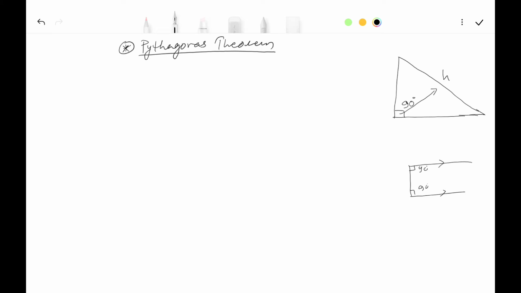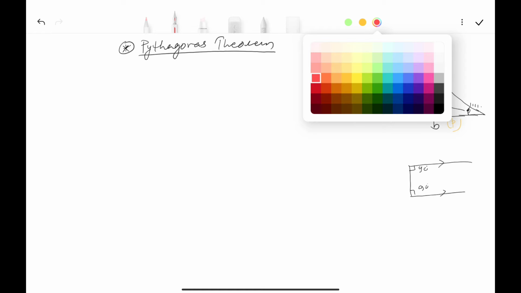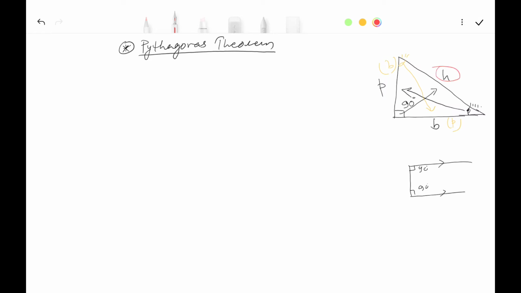Suppose you are looking from this angle here, then the side opposite to this angle will be perpendicular and this will be base here, and if you are looking from this angle here, then this side will be taken as perpendicular and this will be taken as base. The hypotenuse is always the side opposite to 90 degree, and it is the longest one.